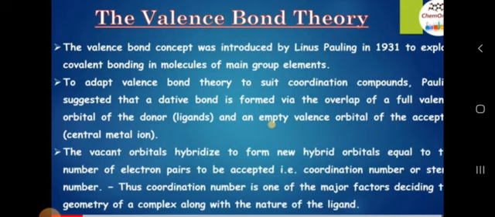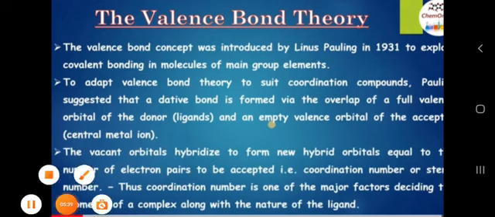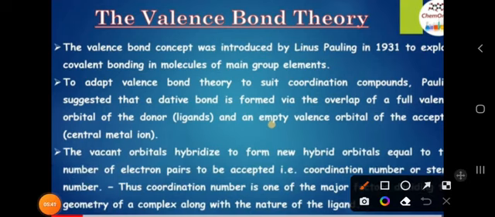A dative bond is formed by the overlapping of a full valence orbital of the donor, which is the ligand, and an empty valence orbital of the acceptor, the central metal atom.